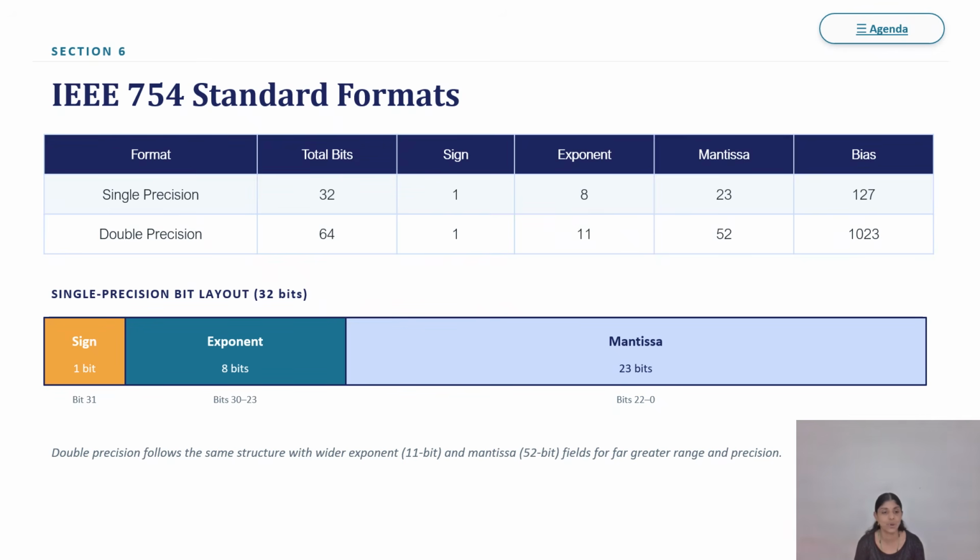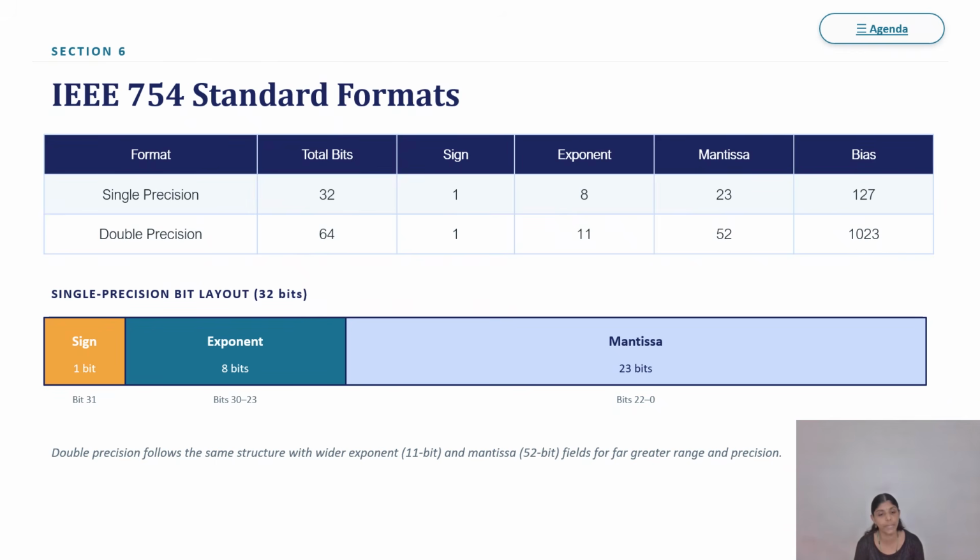Based on this, I have drawn the single precision bit layout for you. What is the total number of bits in single precision? 32 bits. In the 32 bits, 1 bit is the sign bit, 8 bits are the exponent, and the remaining 23 bits are the mantissa. Remember, the mantissa starts from the LSB, so 0 to 22, which is 23 bits.